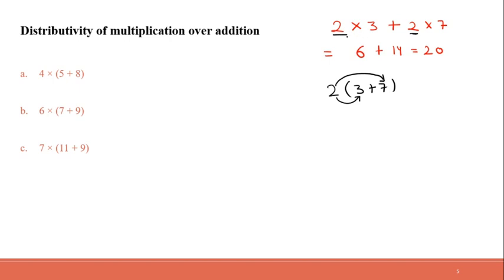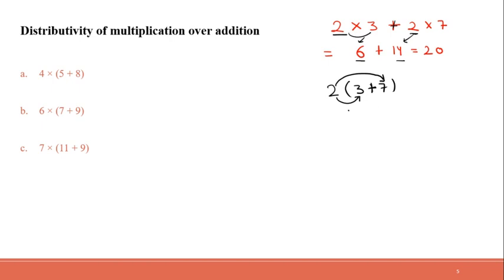This is what is written here, 2 into 3 and then a plus sign and then 2 into 7. If I put this 2 out of this bracket, then it indicates that this 2 will be multiplied with 3 and this 2 will be multiplied with 7, and then we will add these two just like we did here. 2 into 3, 6 plus 2 into 7, 14.